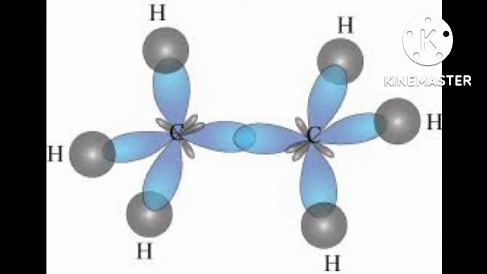Now here a double bond is there, then one bond is a sigma bond, while one of the three orbitals of both carbons is used up. Now two are remaining, while the other two sp2 hybrid orbitals of each carbon atom are used for making sp2-s sigma bonds with the two hydrogen atoms.